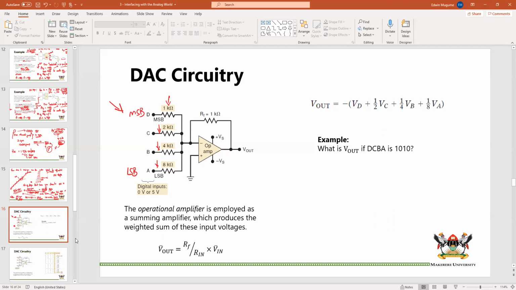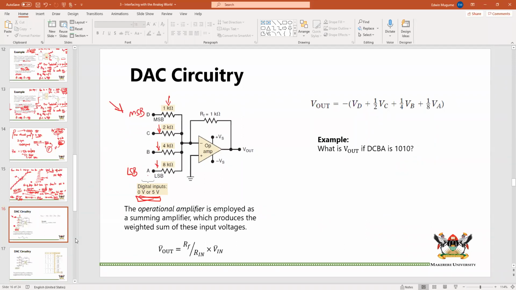That means that the power at A contends with a lot more resistance than the power at D. And these can be either 0 or 5. We are going to talk about this. This should be either 0 or 5 because now you see this voltage is going through the resistance. So what we get out on the output is quite specific.